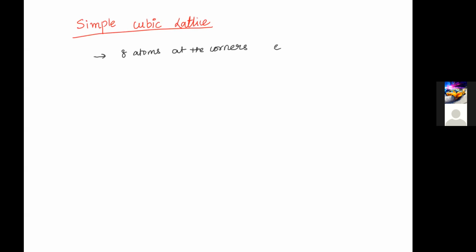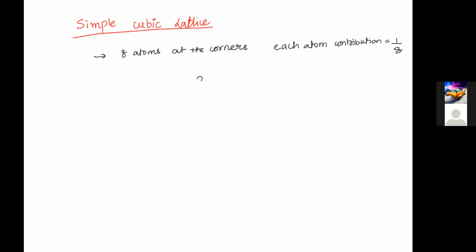Okay. So now let us calculate for a simple cubic lattice that we looked at and considered as one of the 7 different types of arrangement, the Bravais lattices. For the simple cubic lattice, we first know there are 8 atoms at all corners, and each atom's contribution is 1 by 8.